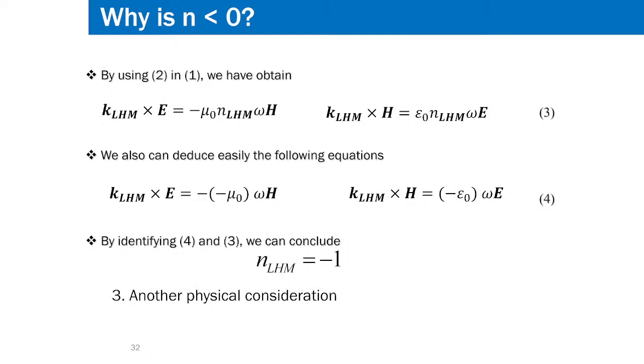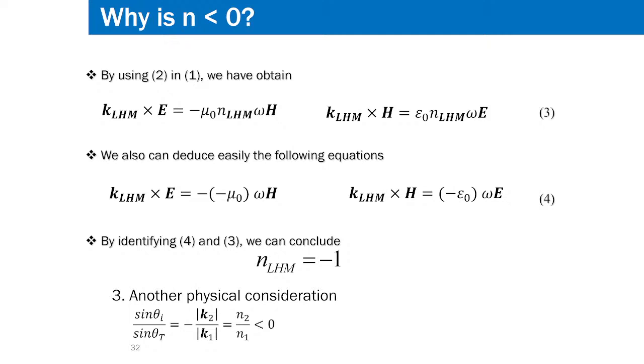So the second physical consideration. We know from Snell's law, sine theta i, the incident angle, divided by sine theta t, the transmitted angle, their ratio is equal to minus absolute k2 by absolute k1. k2 is the wave vector in medium 2, k1 is the wave vector in medium 1.